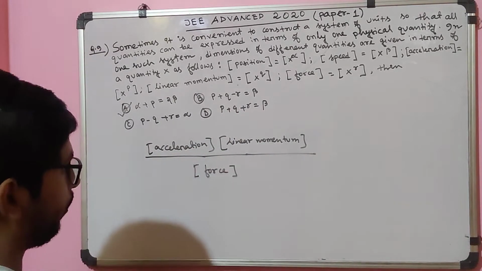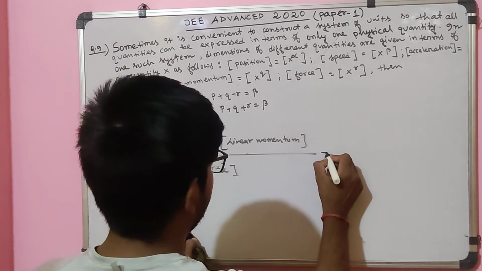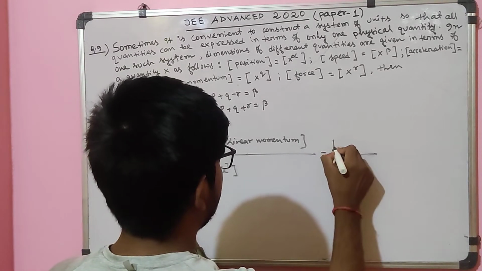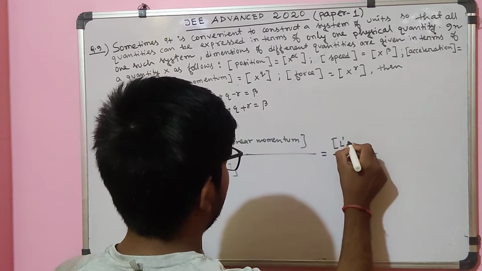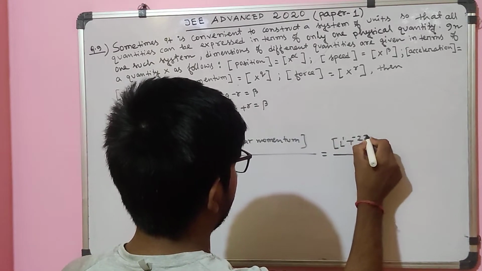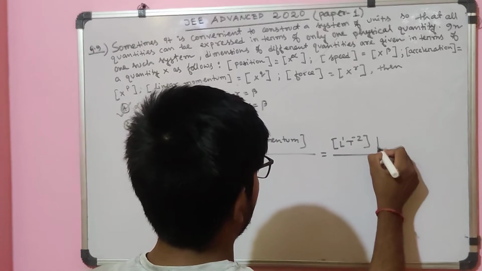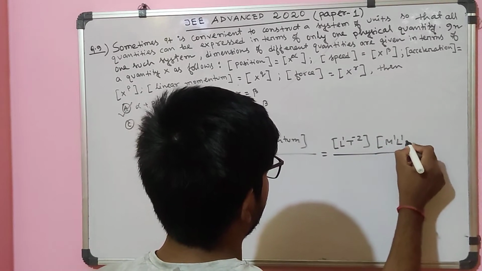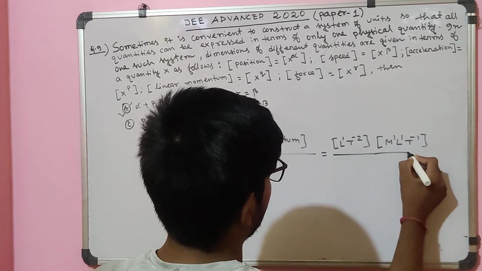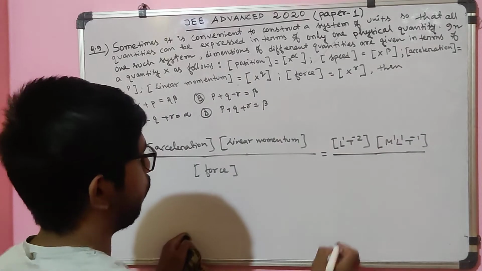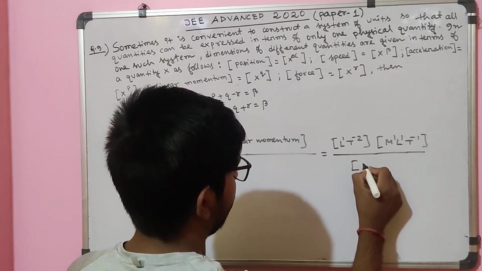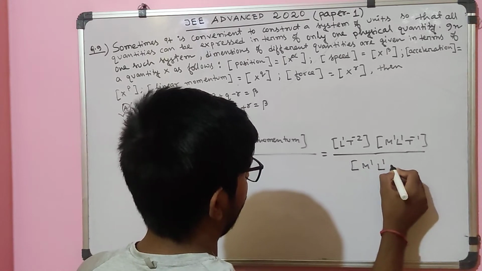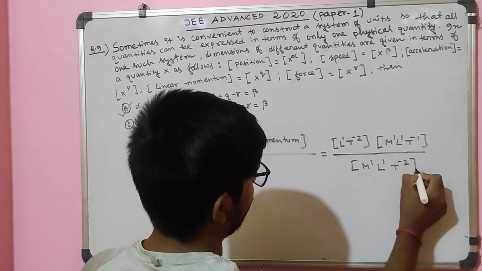Now see, what is acceleration? L1 t minus 2. What is linear momentum? M1 L1 t minus 1. And force is M1 L1 t minus 2.